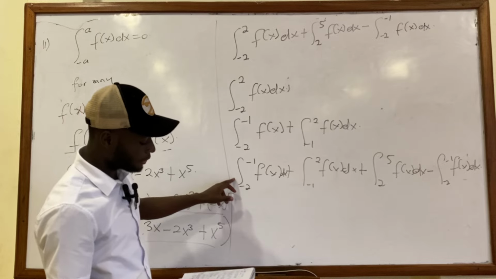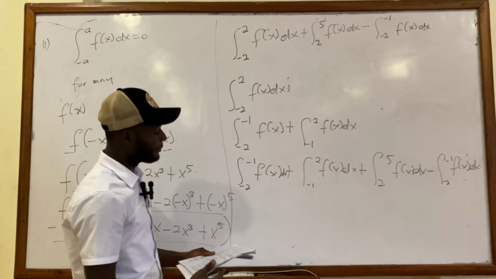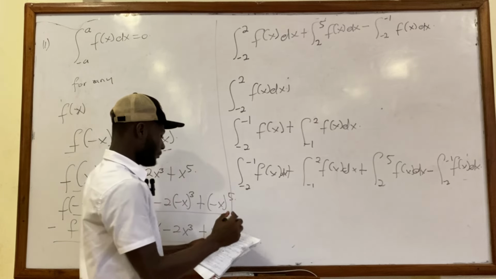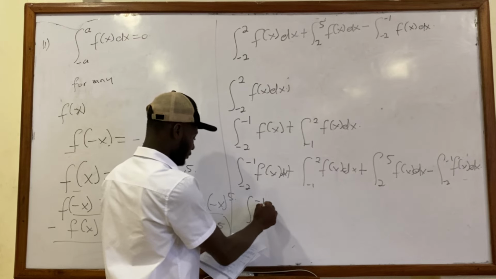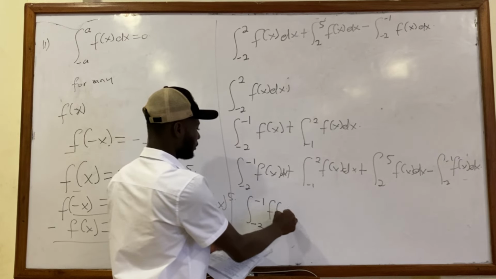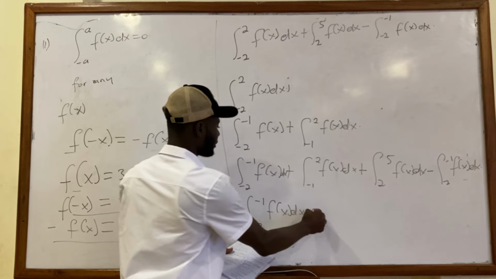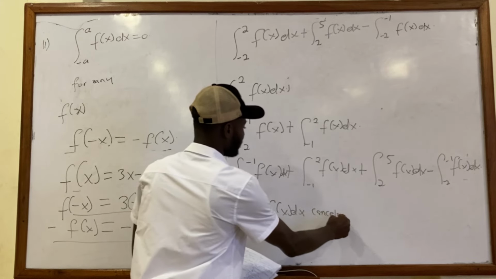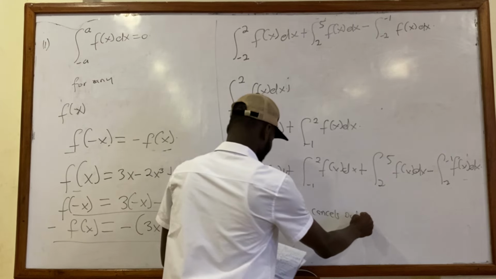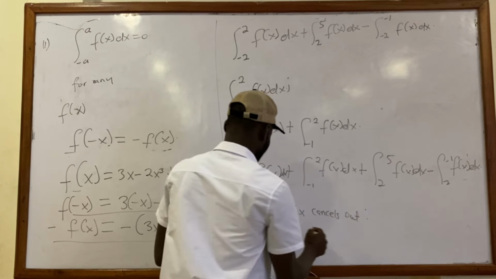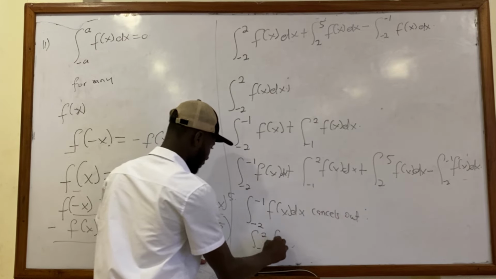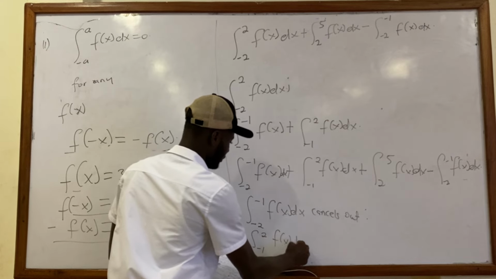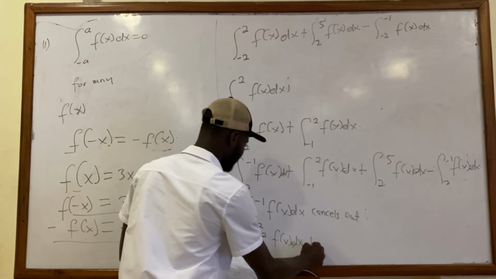limit cancels out with this particular limit. All right. This particular limit cancels out with this particular limit.